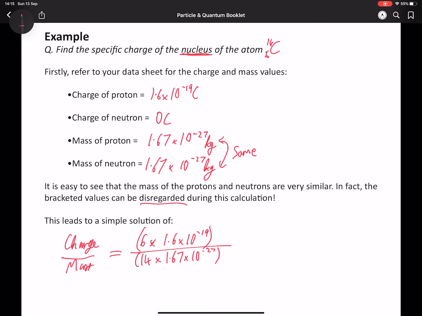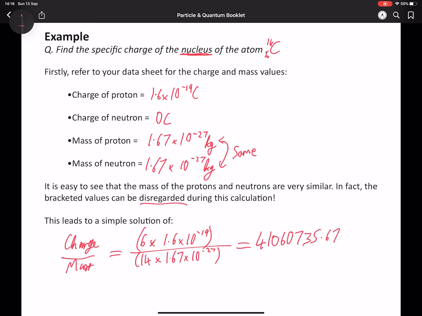And plugging that through a calculator should give you a value that is quite long. So we end up with a value of 4106355.67.